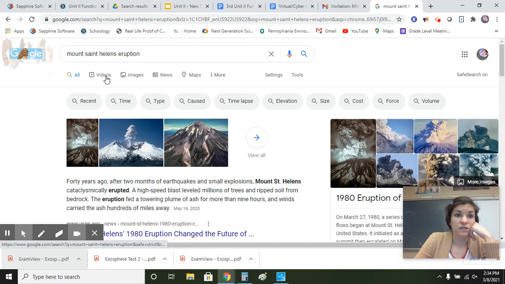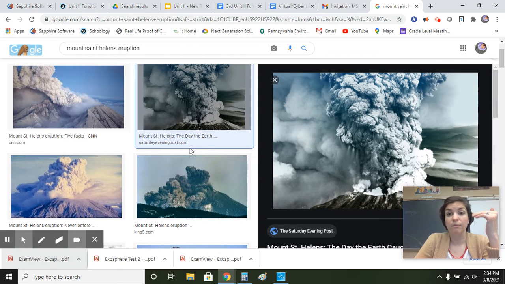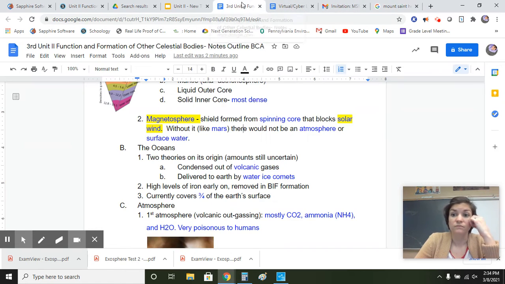So images, boom, there's a lot of dust and clouds. Remember, clouds are mostly made up of water. So when a volcano erupts, it's adding water back up into the water cycle.